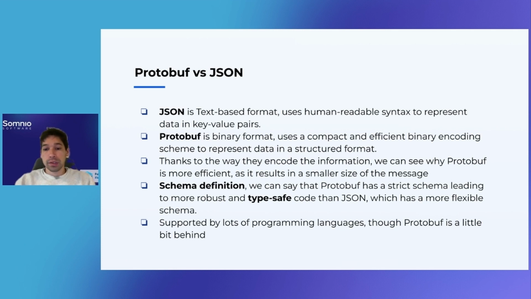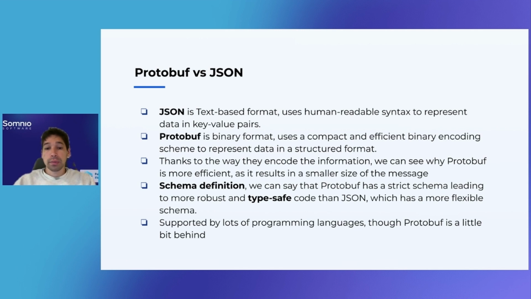And for this, we have the advantage of transmitting this information more efficiently through the network, and that will mean a more performant communication in our application. Thanks to this way of encoding the information, we can see why protobuf is more efficient.